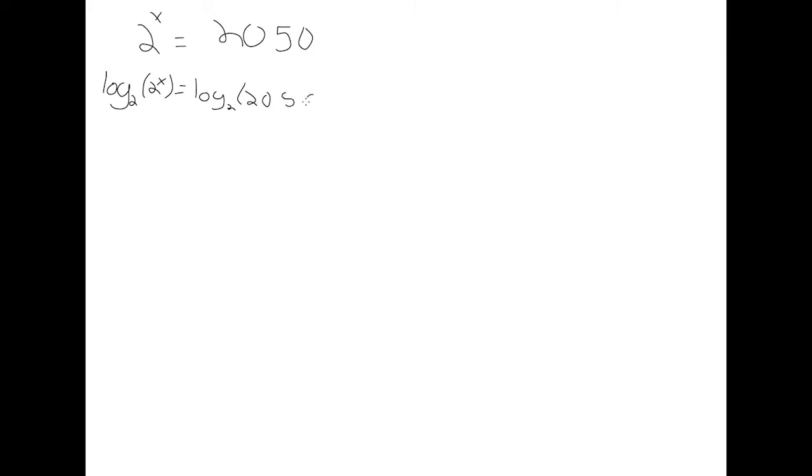And what log is, it's basically a function that says, okay, I'm going to take this number and find 2, which is the base, to the what power equals this number. Well, 2 to the what power equals 2 to the x? Well, 2 to the x power equals 2 to the x. So we're just going to output an x.